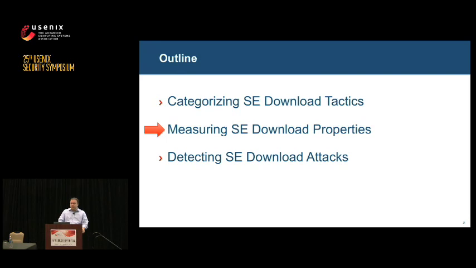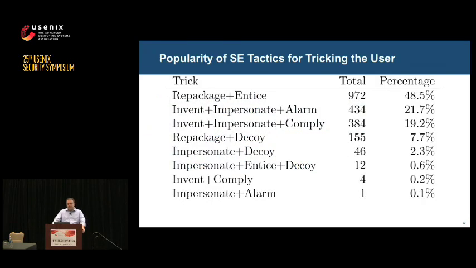Next, I'll talk about some measurements around these downloads. One thing to notice is that typically a social engineering attack just doesn't use a single tactic. It wouldn't use just repackage. They'll typically use repackage plus entice to trick the user.